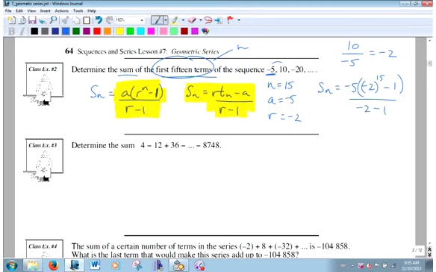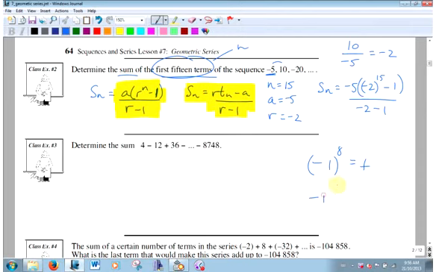Okay. What happens if I didn't put these brackets around the -2? In this case, it doesn't matter because this is odd. But if that was a 16, let's pretend, you see how one's right and one's wrong? A negative, an even number of times, is always going to be positive.